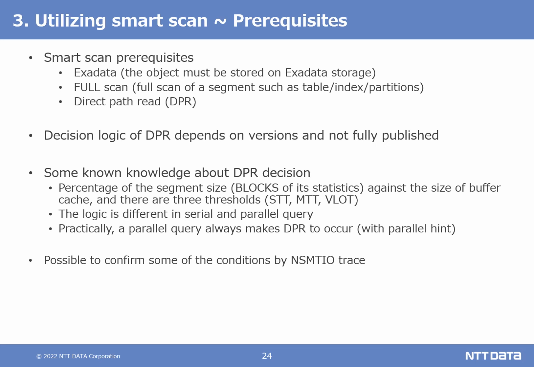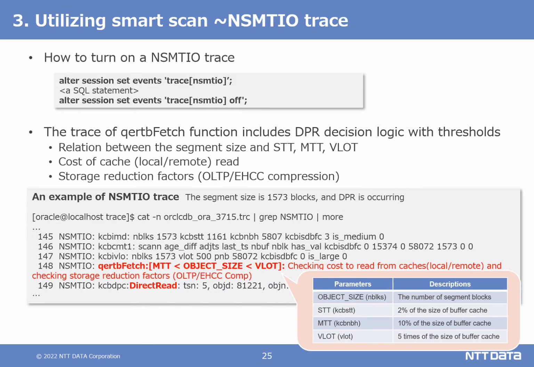In order to understand this, I'd like to introduce the NSMTIO trace, which I used to identify the DPR decision. NSMTIO trace is a way to identify the DPR decision.